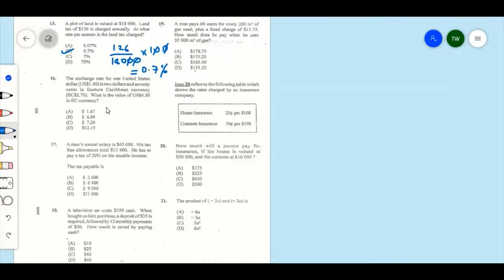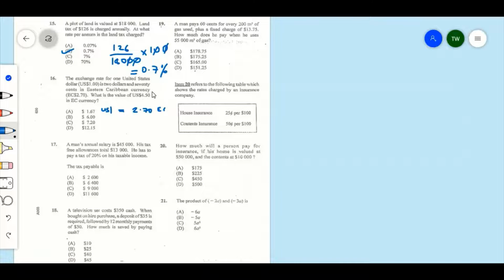Now we know that US $1 is equivalent to $2.70, right? And that's in EC. So we know that this is EC, and we know that this is US.